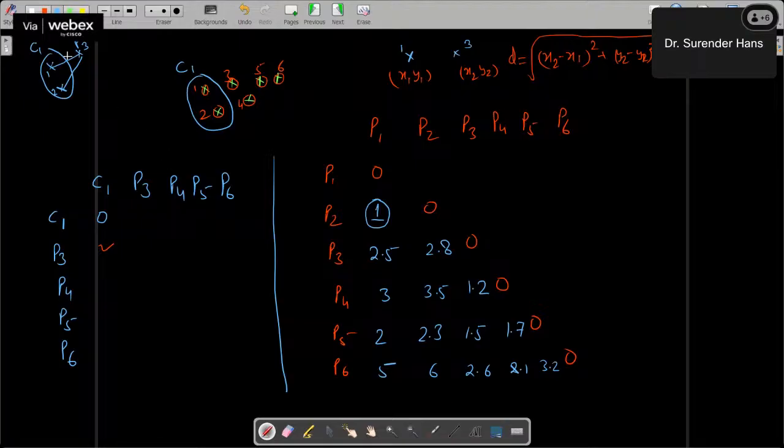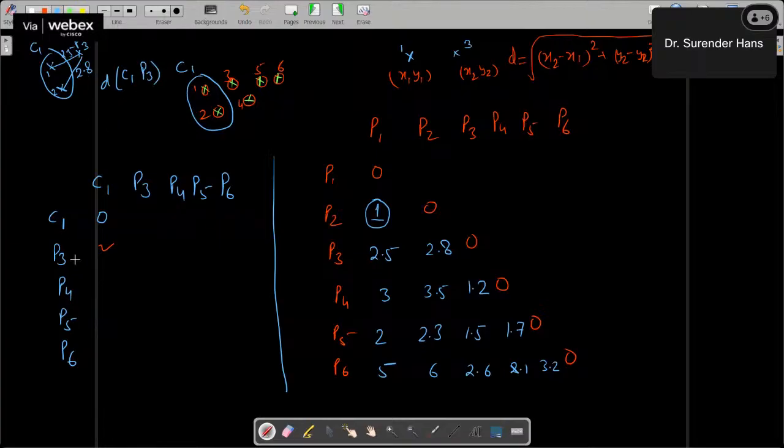So P1 to P3 is 2.5, and P2 to P3 is 2.8. Whichever is minimum will be your distance between C1 and P3.